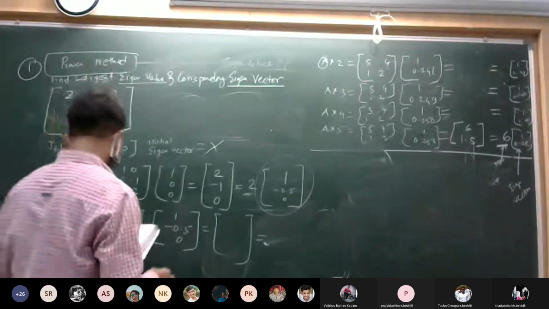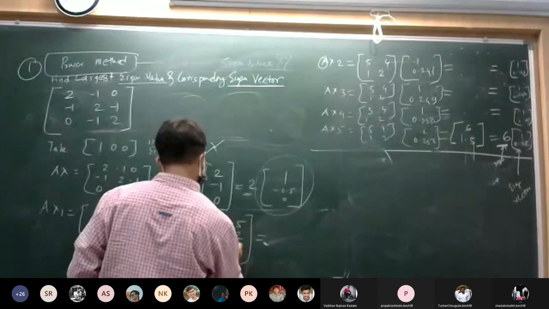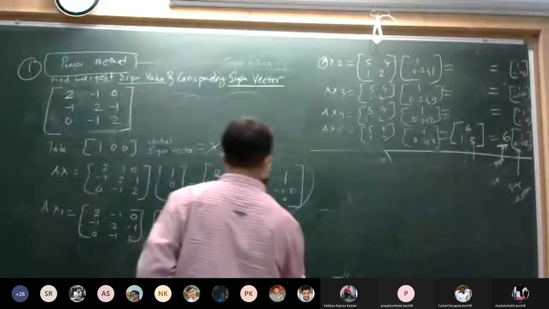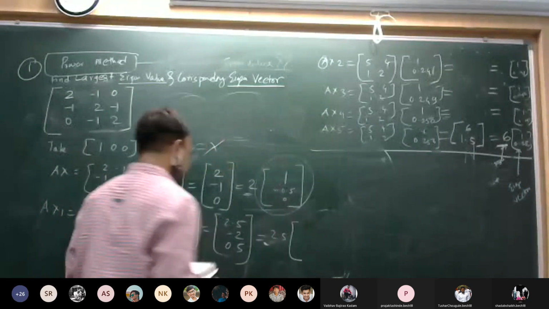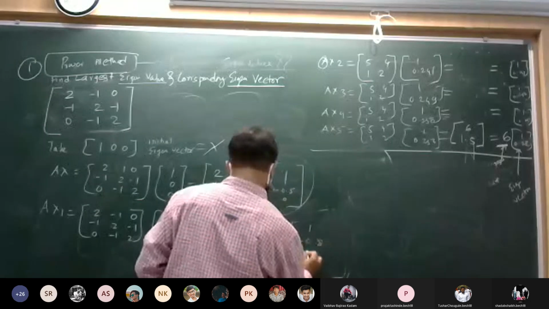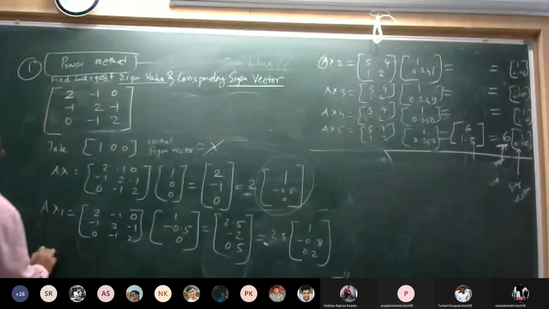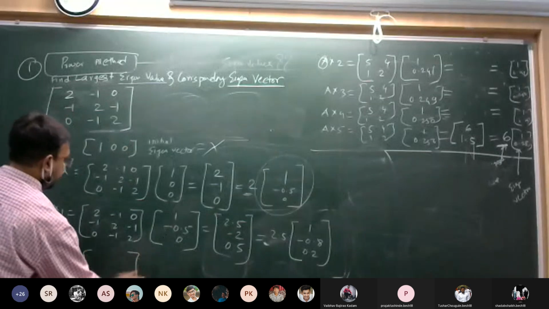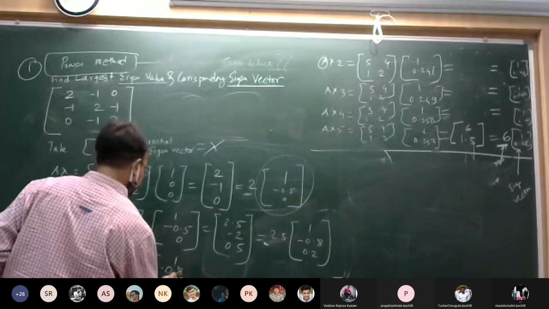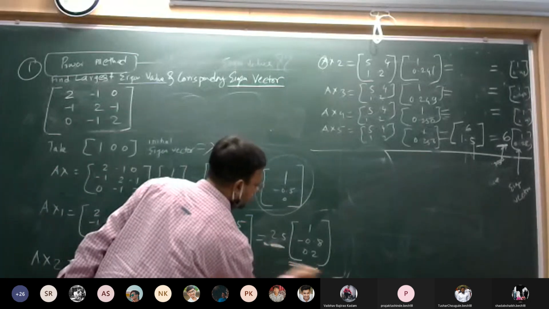That will be 2.5, 2, -2 and 0.5. Again, from this particular matrix, we can draw 2.5 as the largest eigenvalue. The corresponding eigenvector would be 1, -0.8 and 0.2. Now multiply this again, AX2, the given matrix with this 1, -0.8 and 0.2. So this would be the largest eigenvalue and corresponding eigenvector.